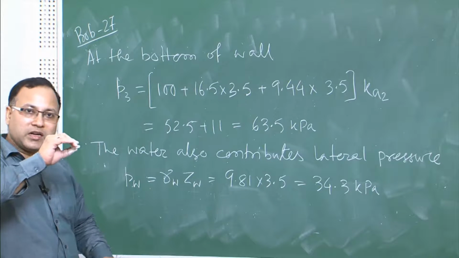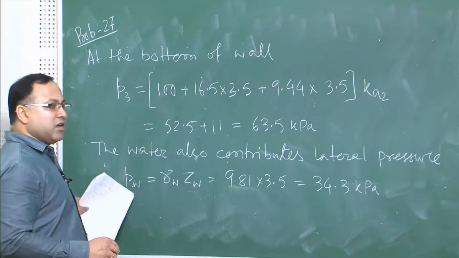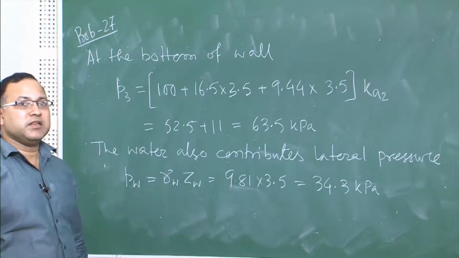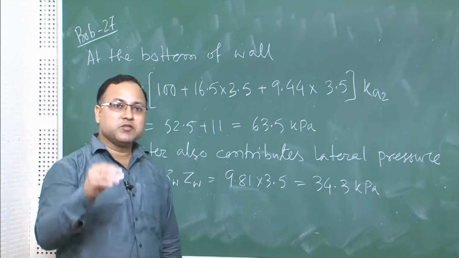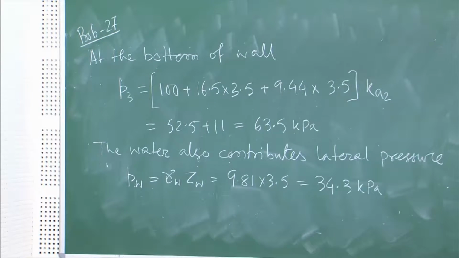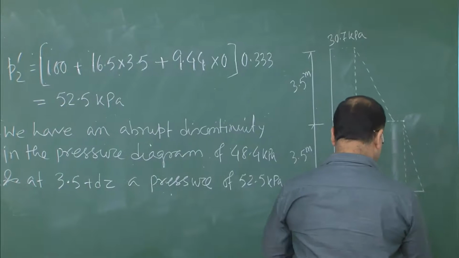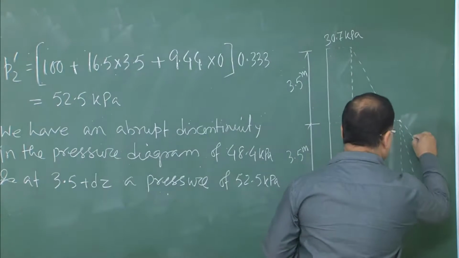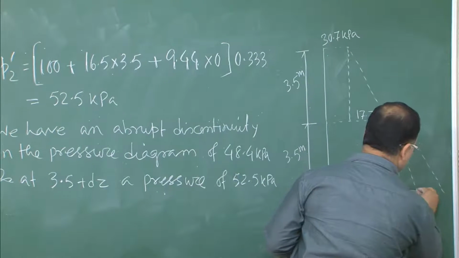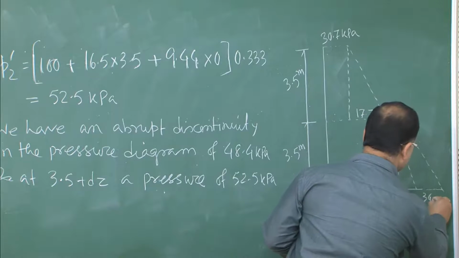that means where the groundwater table is getting started, and you will be getting water pressure equal to 34.3 kPa at Z equal to 7, that means at the base of the wall. So, from there I can get the pressure distribution for water. So, this is your 34.3.